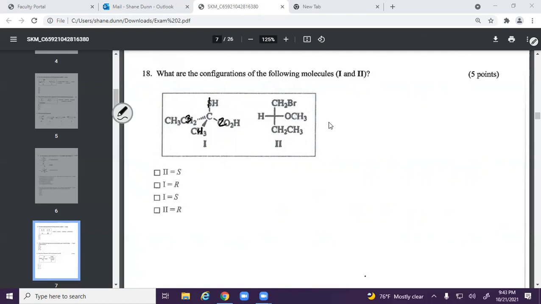So normally it would go like this, 1 and 2, right?